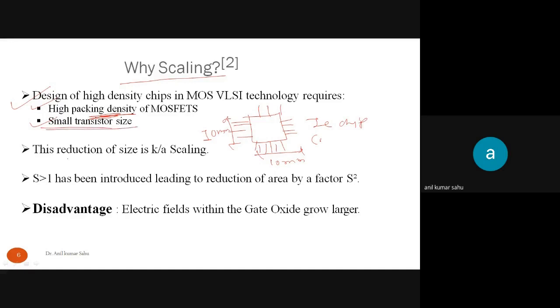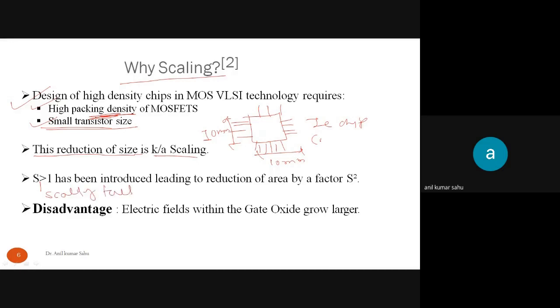This reduction of size is known as scaling. At what factor scaling is done is represented by S. So S is a scaling factor.